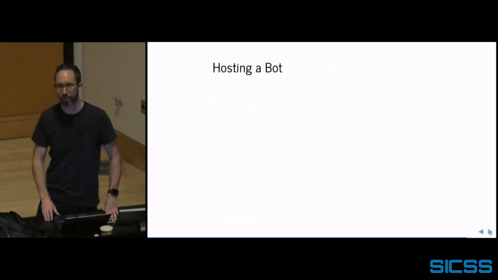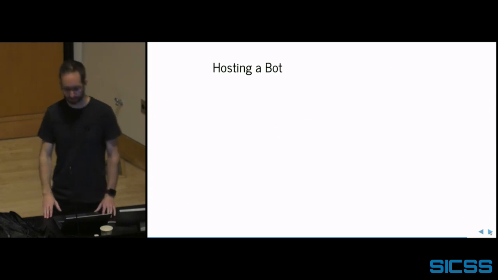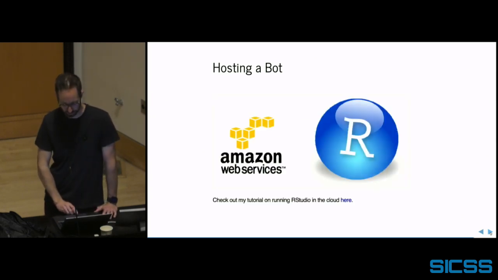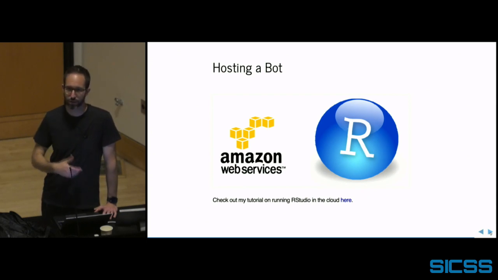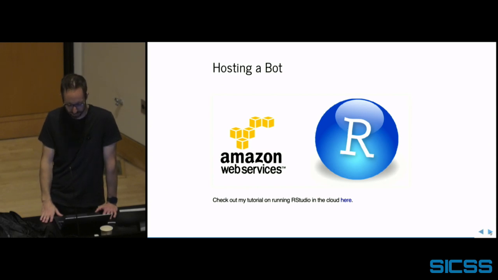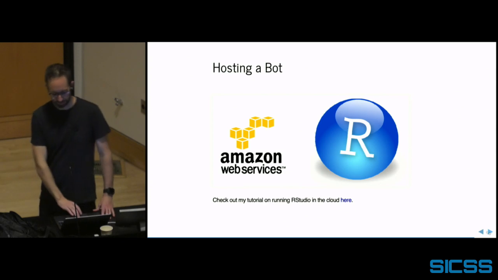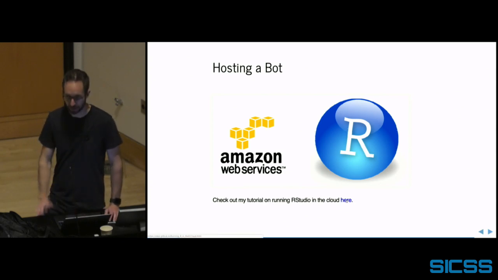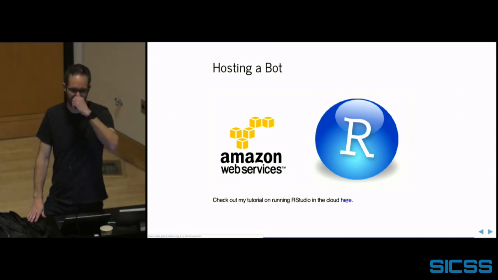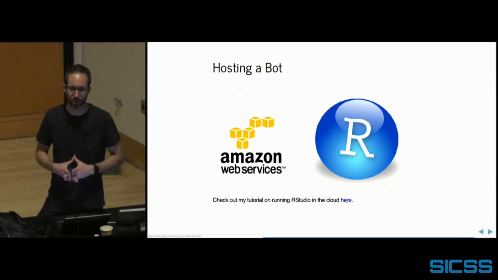I just want to give you one last tool in your toolkit for hosting a bot. Many of you may not know that you can run an instance of RStudio or Jupyter Notebooks or whatever you like to use on a cloud server such as Amazon Web Services. You can also use Google, Microsoft now. There's a tutorial linked here that I use in one of my graduate seminars that tells you how to get a workflow of RStudio working in the cloud.